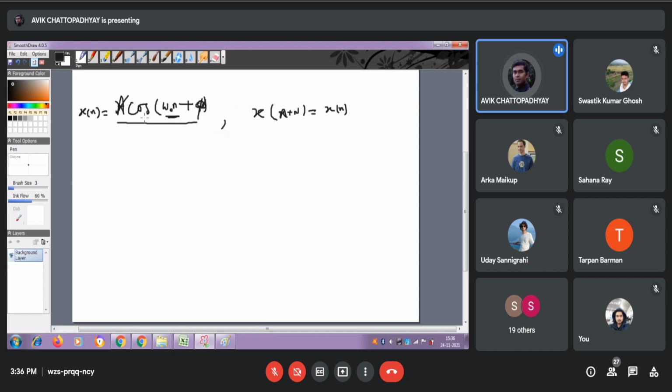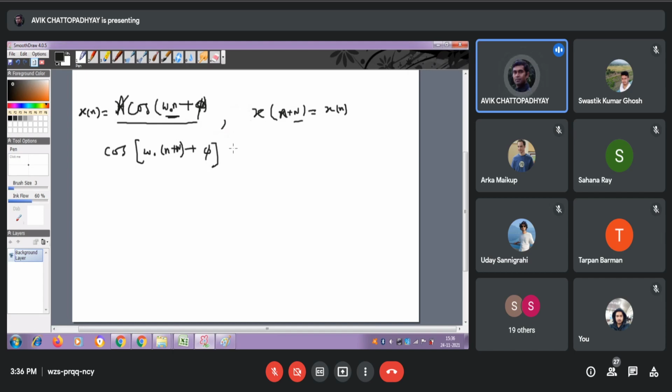So cos(omega 0 n plus phi), and you have to satisfy this condition. That means there should be some number N, because after all it is a discrete time case. To satisfy this, we can write cos of omega 0 times (n plus capital N) plus phi.